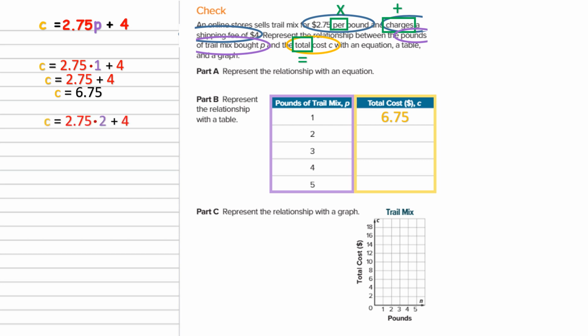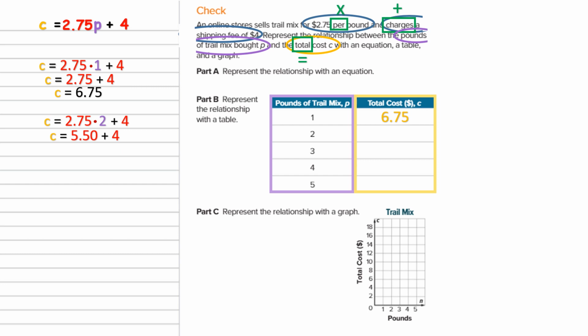All right, so I look at 2 pounds, plug in my information. So once again, the reds are my constants, the math that has to be done. My purple is my independent, my number that's going to change. My C will therefore be my answer once I do the math. I multiply 2.75 times 2. Well, 2.75 times 2 is going to be $5.50.